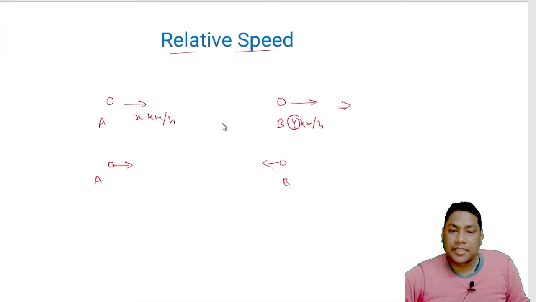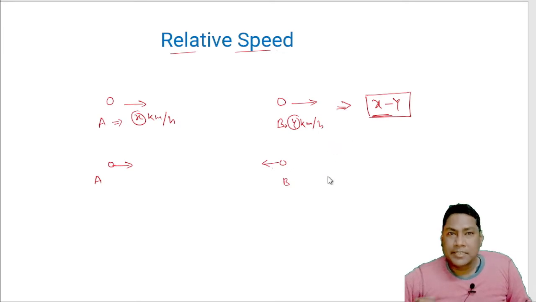Here the speed of A is greater than the speed of B. So the relative speed of A and B, when they are moving in the same direction, will become x minus y. x minus y is the relative speed when two moving bodies are moving in the same direction.